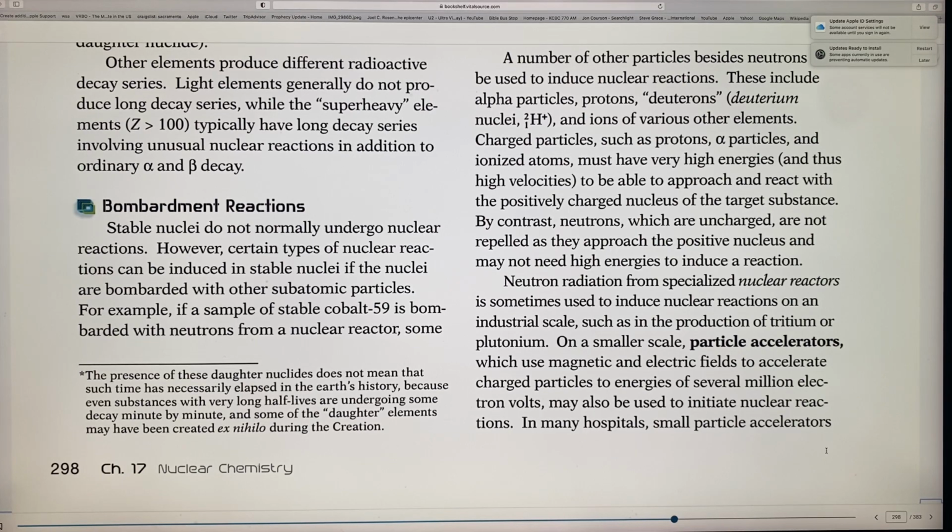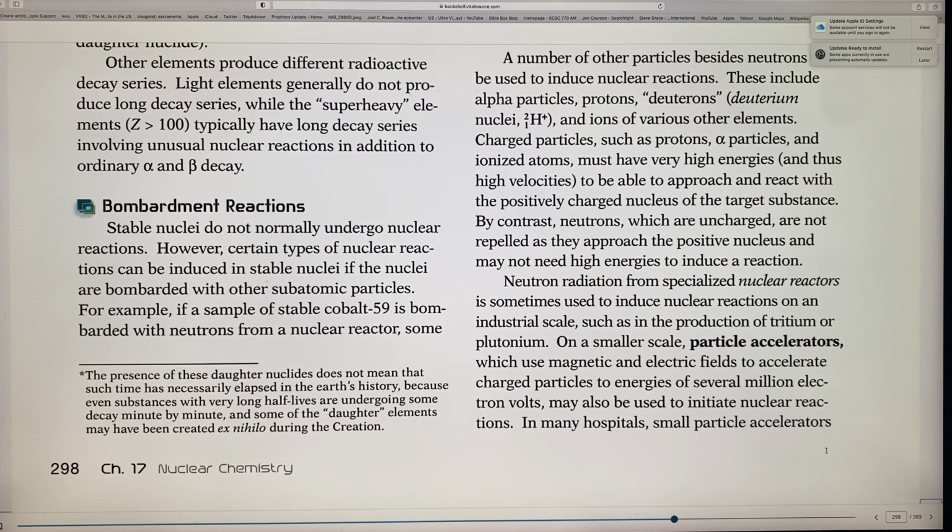Neutron radiation from specialized nuclear reactors is sometimes used to induce nuclear reactions on an industrial scale, like to produce electricity and power. You use a lot of neutron radiation.